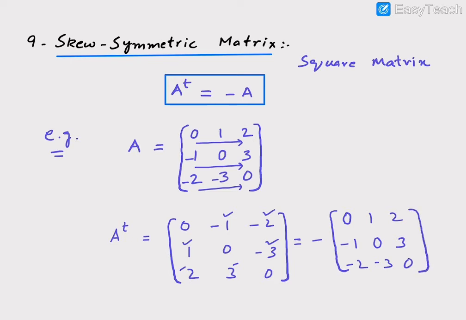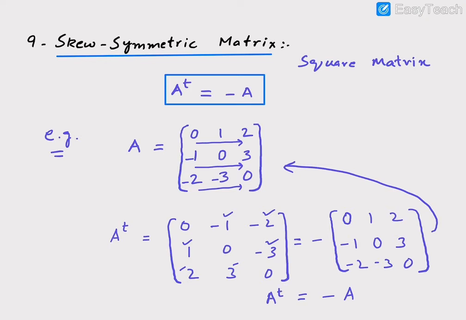Now you can compare this one with A. This is the same matrix as A: 0, 1, 2, 0, 1, 2, minus 1, 0, 3, minus 2, minus 3 and 0. So we can write A instead of this matrix.